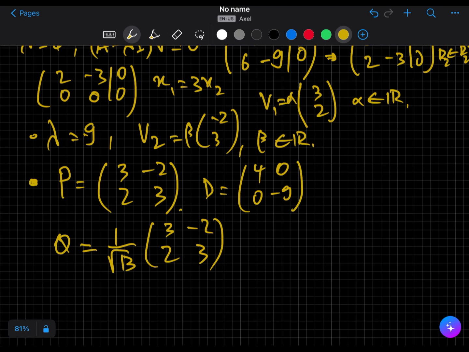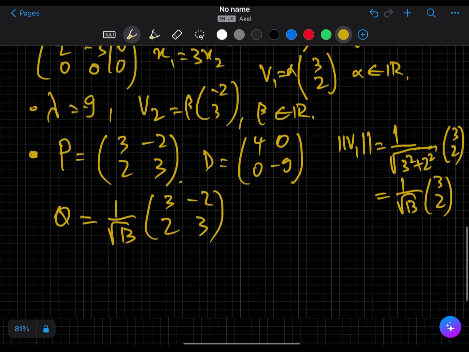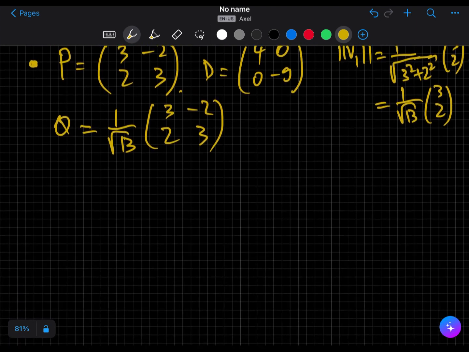You may ask yourself where this square root of 13 is coming from, but if you normalize v1, for instance, you will have 1 over the square root of 3 squared plus 2 squared, times (3, 2). And this will give you 1 over square root 13 times (3, 2). So we have the matrix Q. Now we have orthogonally diagonalized our matrix.